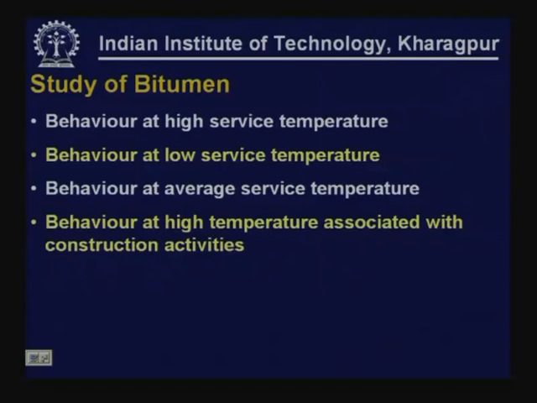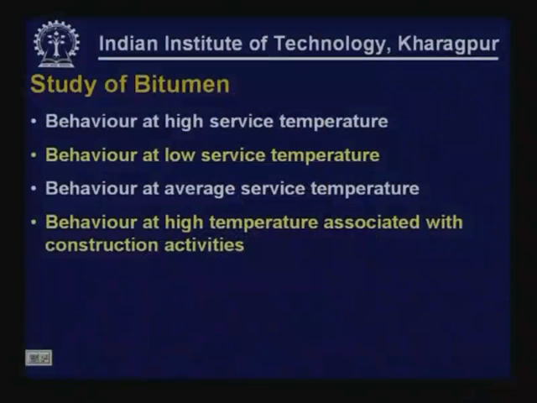When we study bitumen, we by now understand that bitumen is a material whose properties vary with temperature. So, there are different temperatures at which we have to study this material, because bitumen is going to be used at different temperatures, starting from its construction operation to its service life. We need to understand the behavior at high service temperature.